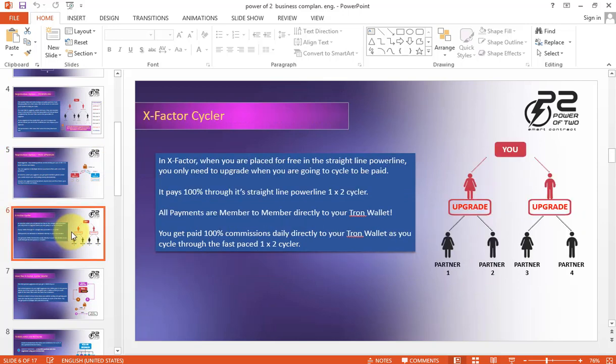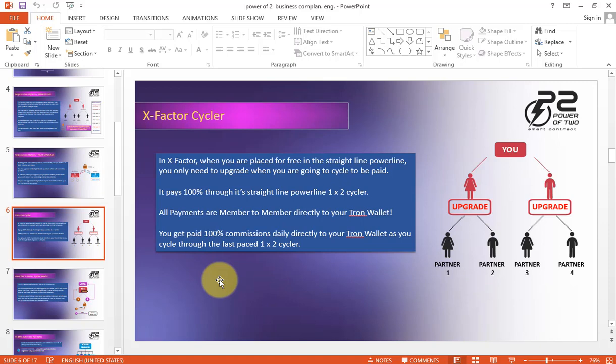Now let's move on to the next page. Here shows the X Factor cycler. As I was explaining on the other page, once the system provides you with your two partners, it will notify you to upgrade, and you will have the notification shown beneath you as 'upgrade to begin earning' in the active account. You'll be given a time period of 24 hours.